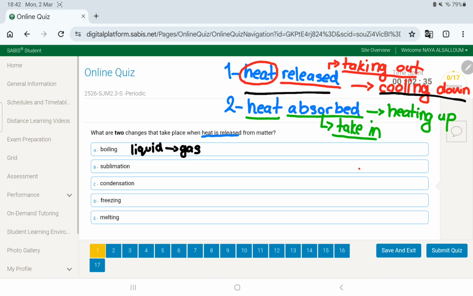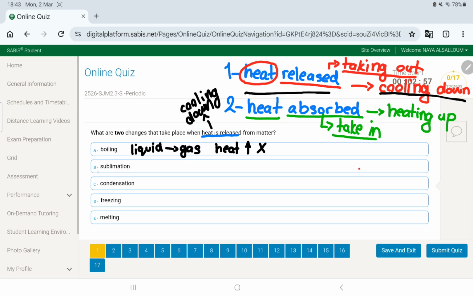When a liquid changes to a gas, you have to increase the heat, right? And basically, when you're increasing the heat, you're absorbing it. Are you releasing it? No. Because once again, when heat is released, the object is cooling down.